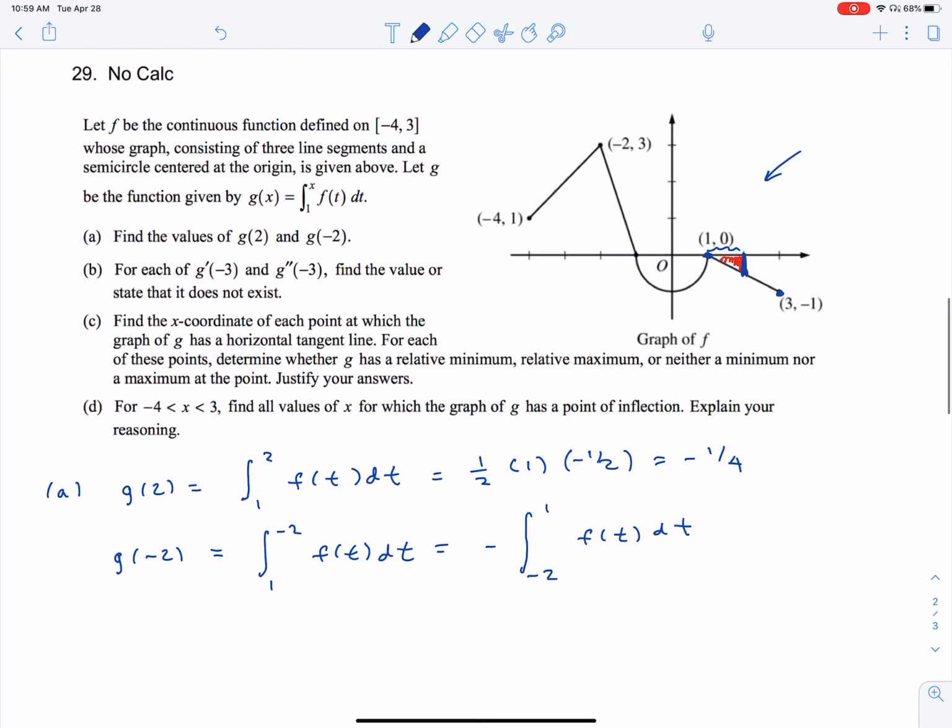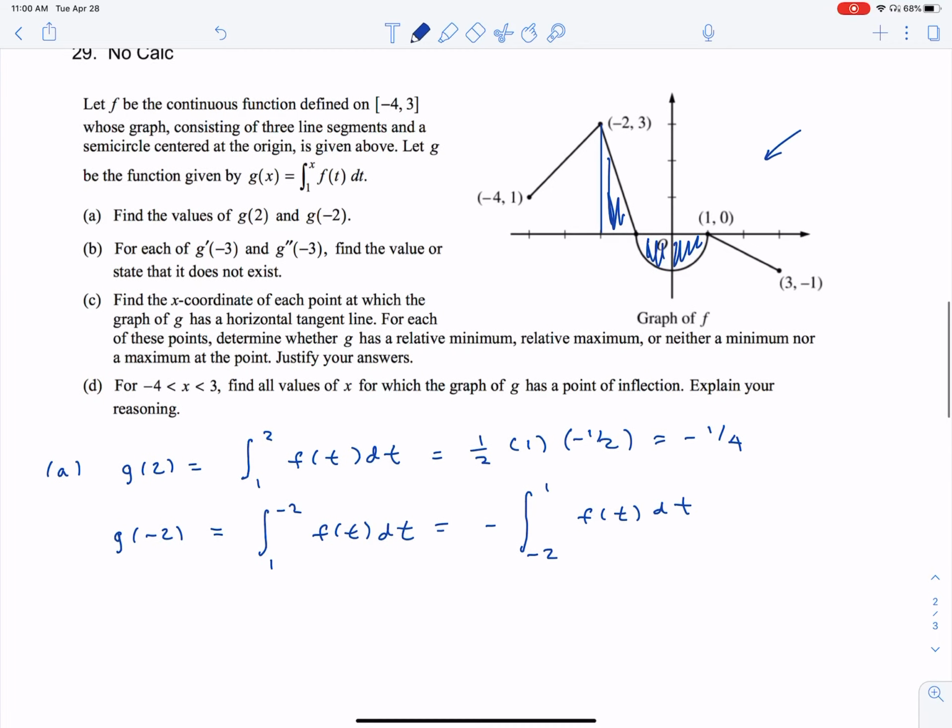So now let's look at what we are examining here. We're looking at the area underneath the curve that starts at negative 2, from here, and is all this stuff. So it starts from negative 2, goes all the way to 1.